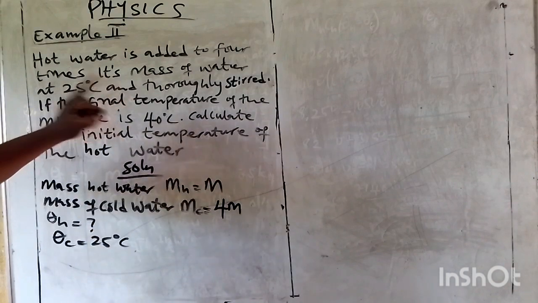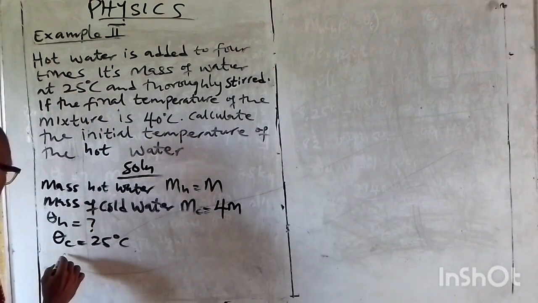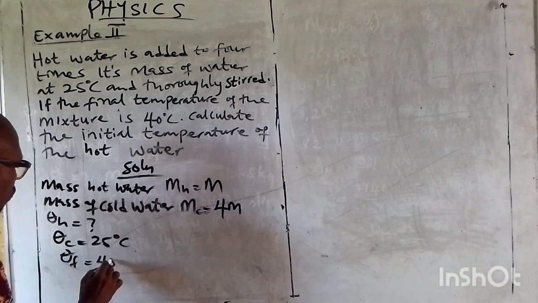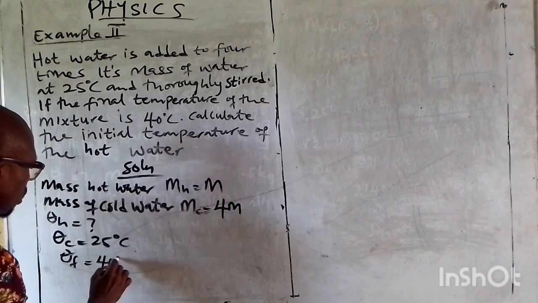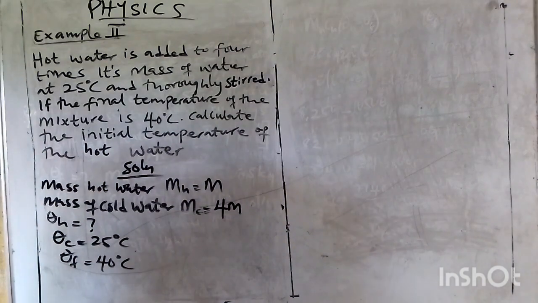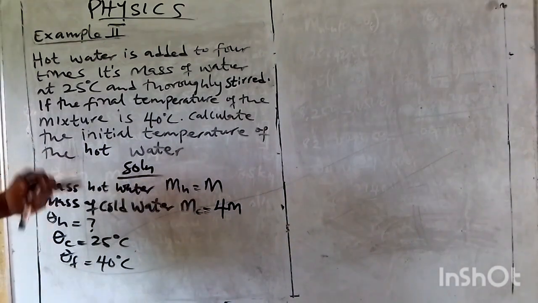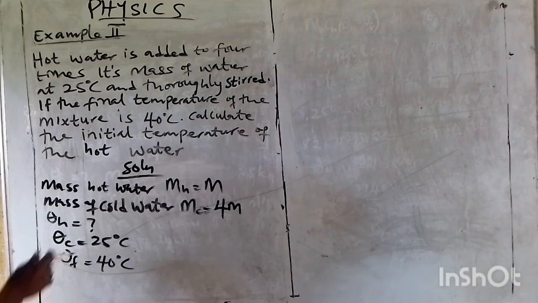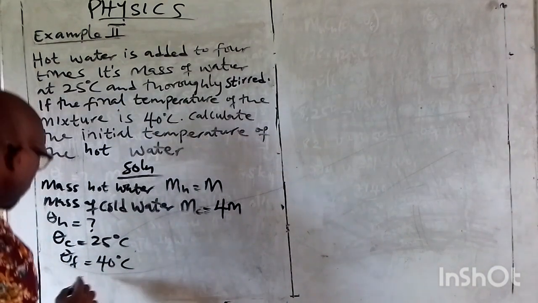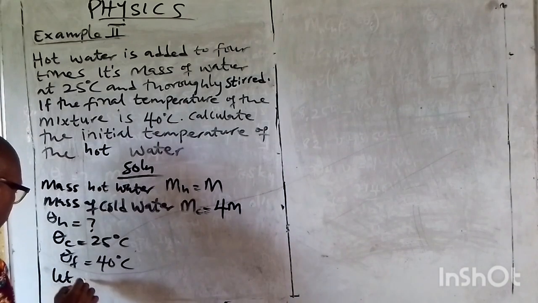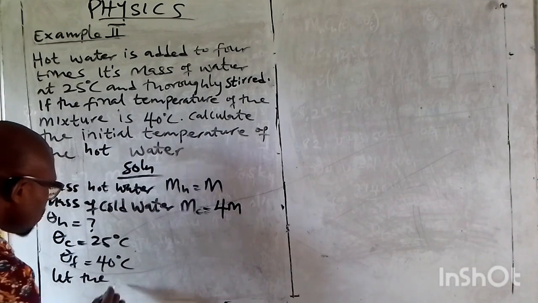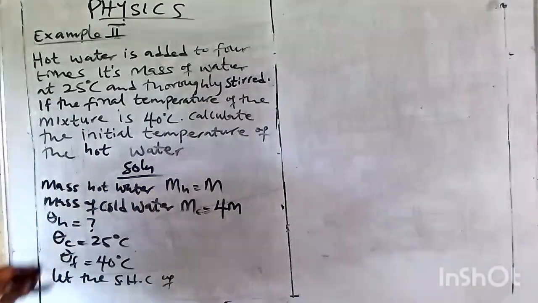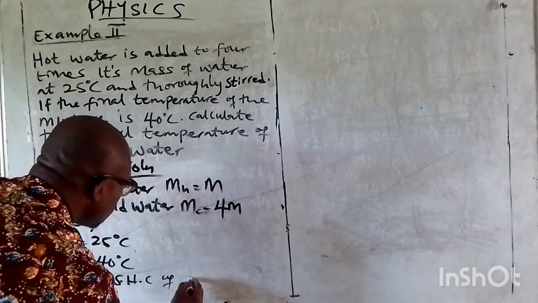If the final temperature of the mixture is 40, therefore theta F will give us 40 degrees Celsius. Calculate the initial temperature of the hot water. Now, let the specific heat capacity of both the hot water and the cold water be C.